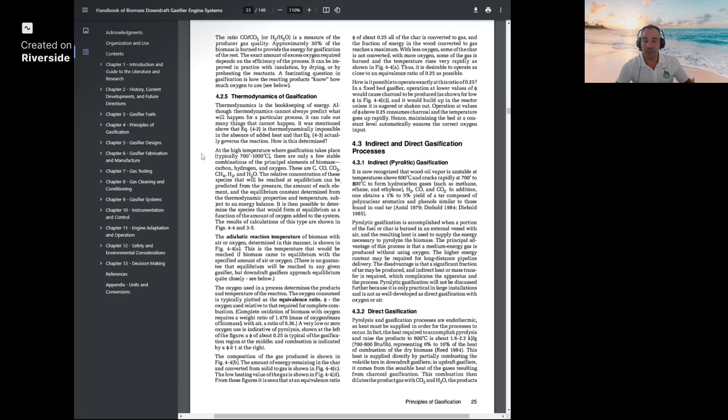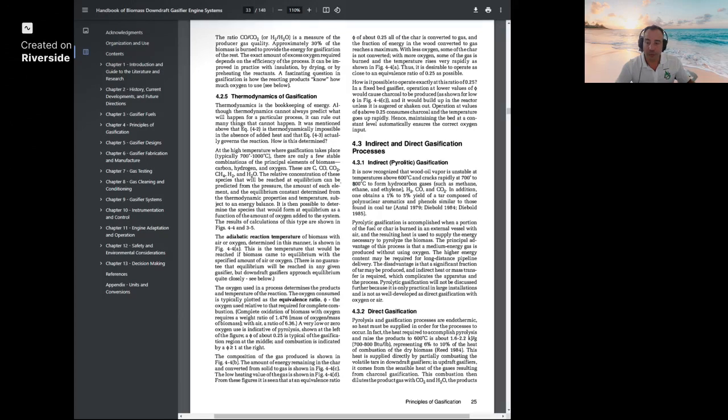How is this determined? At a high temperature where gasification takes place, typically around 700 to 1,000 degrees Celsius, there are only a few stable combinations for the principal elements of biomass: carbon, hydrogen, and oxygen. These are carbon, carbon monoxide, carbon dioxide, CH4, hydrogen, and water.